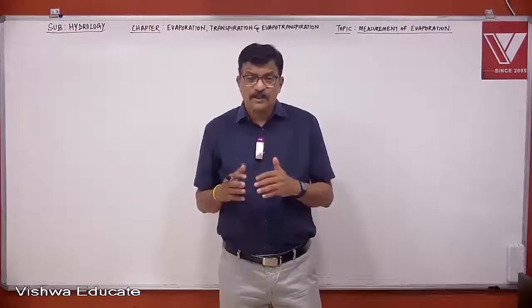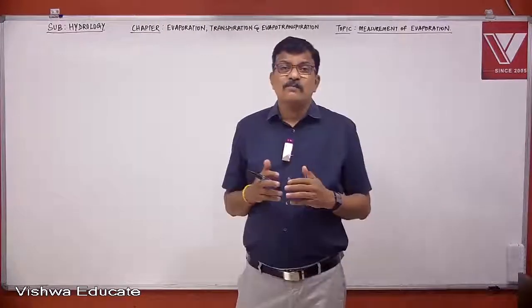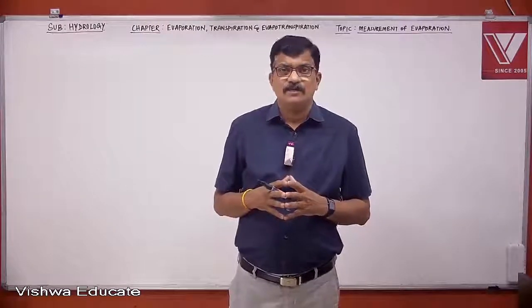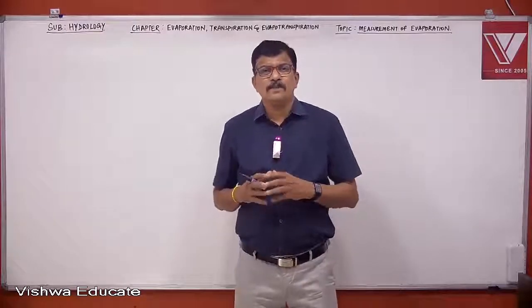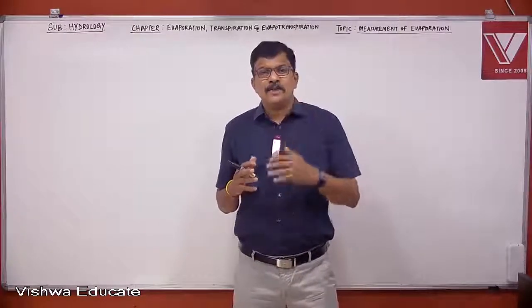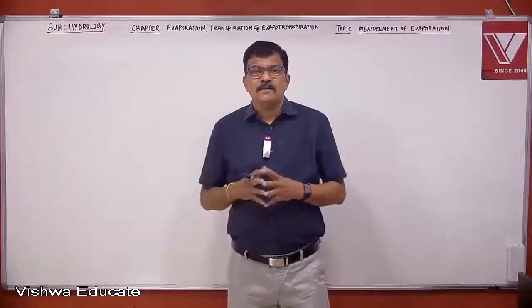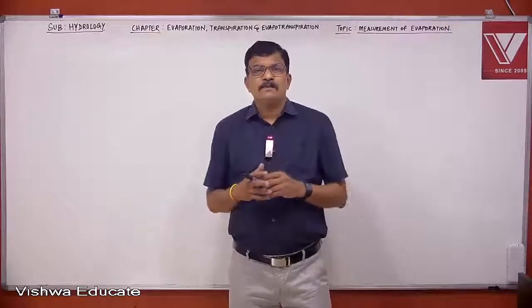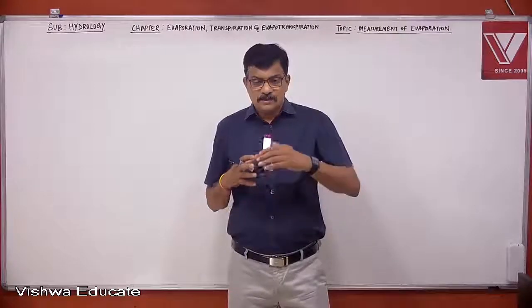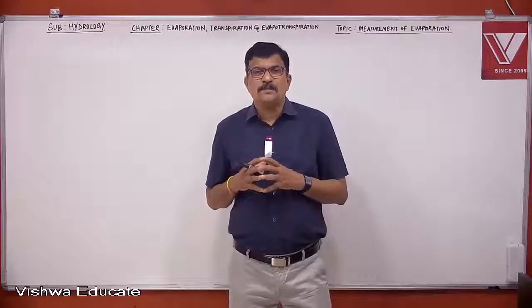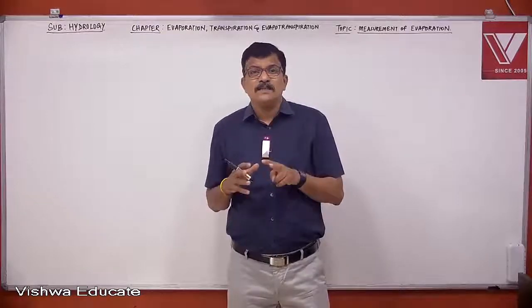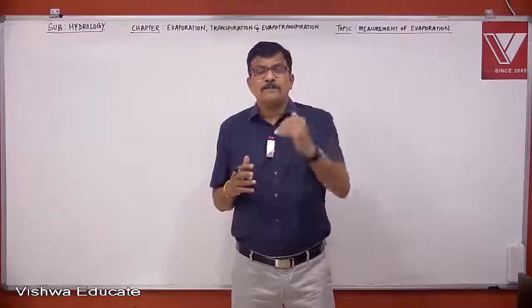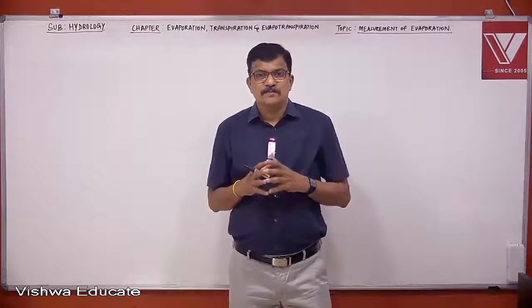Evaporation is a process which continues 24 hours in a day, 12 months of the year. It is a non-stop process which continues as long as there is water in the water body. Evaporation will occur. So during the time of monsoons especially, there is simultaneous evaporation as well as precipitation.